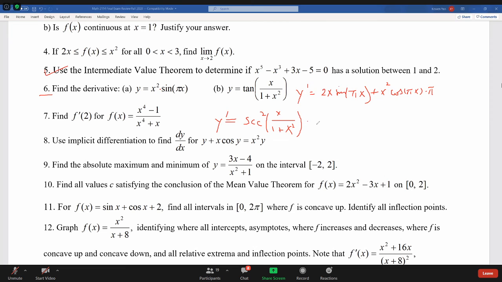Okay, so this is over 1 plus x squared, squared. Please find the numerator and then simplify.